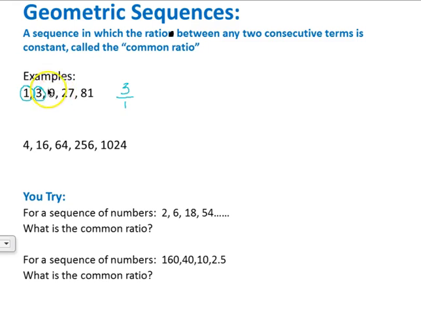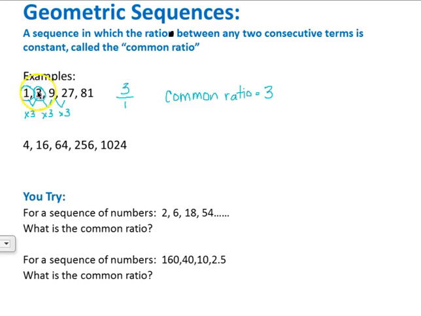If I multiply 9 times 3, I get 27. So the common ratio is that we're multiplying times 3 between each of our terms. So the common ratio of this sequence would be 3.